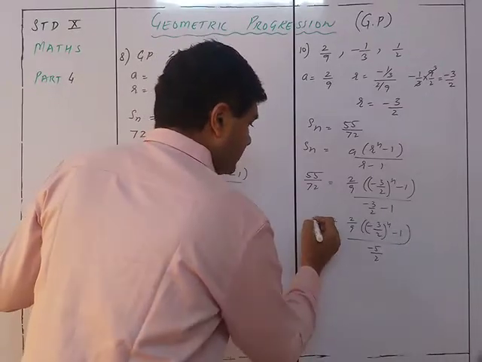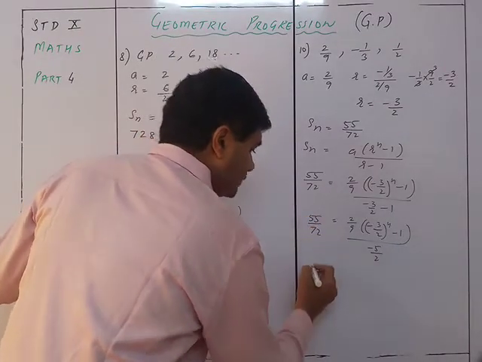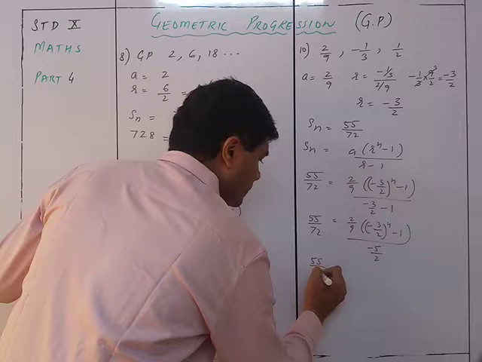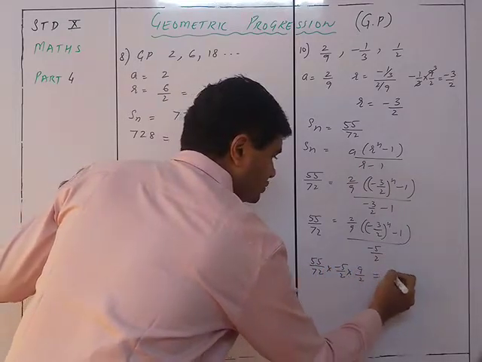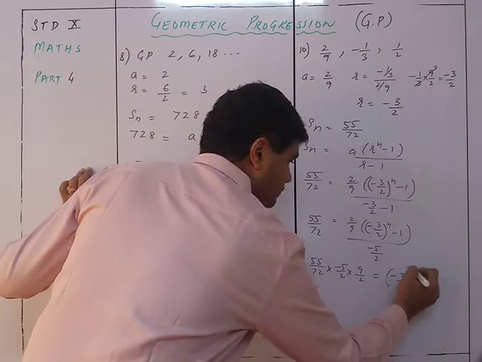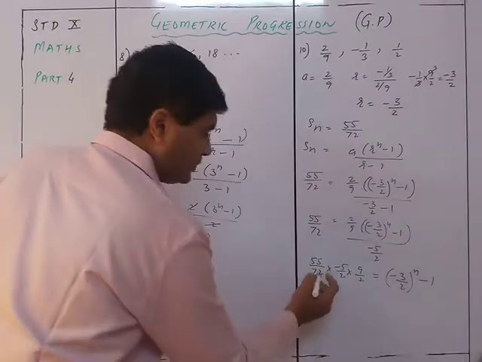So 55 upon 72 into minus 5 upon 2 into 9 upon 2 is equal to (minus 3 upon 2) raised to n minus 1.